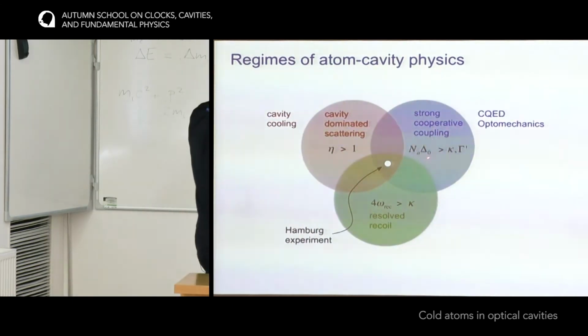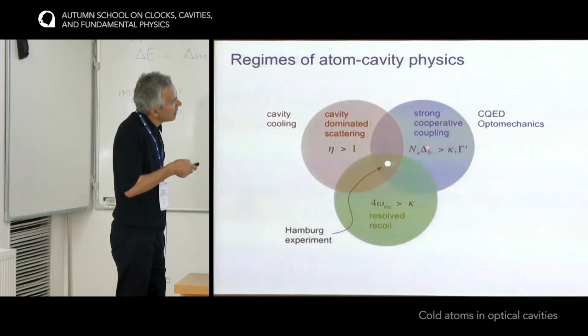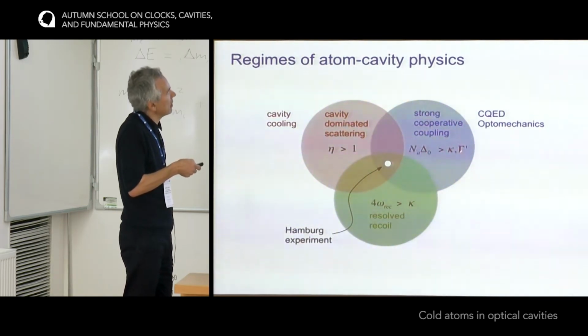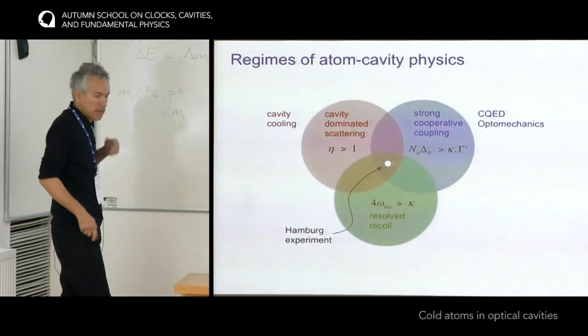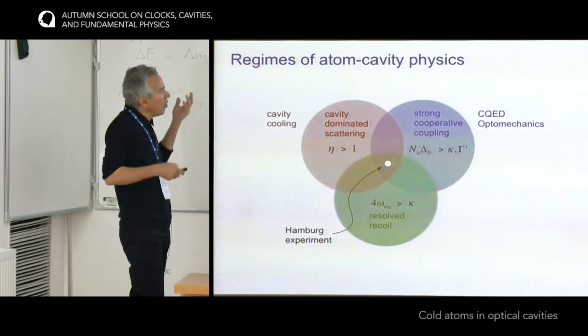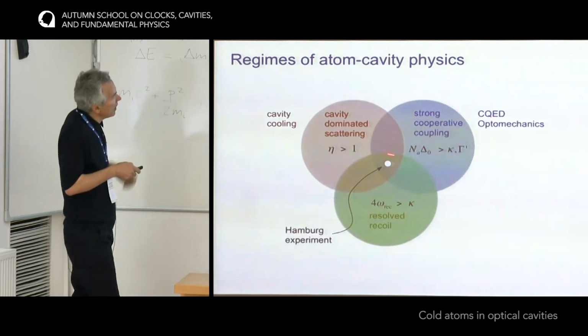Yeah, there is another regime where n times the shift, the cavity resonance shift per particle, exceeds kappa and gamma prime. Gamma prime is the scattering rate, the spontaneous scattering rate, or optical pumping rate, if you want.